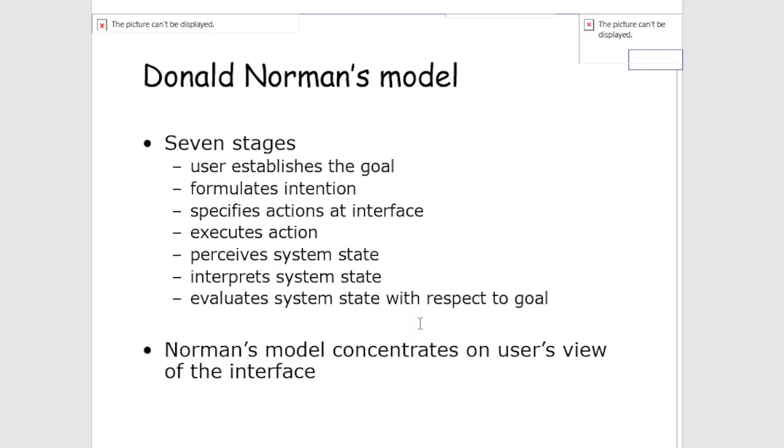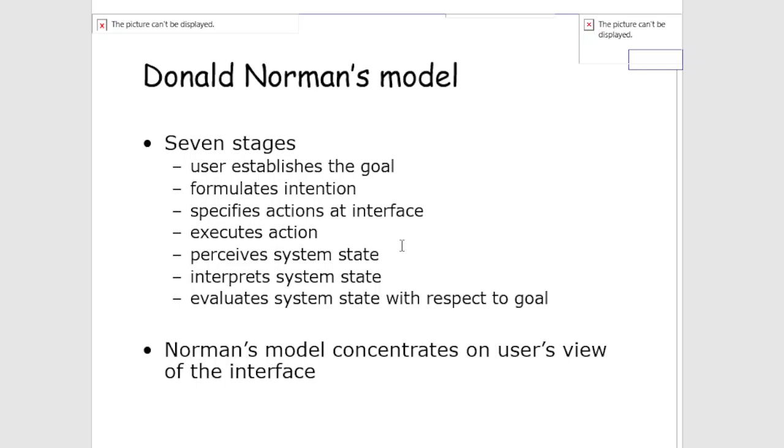And after the execution, the user observes the computer interface to evaluate the result of the executed plan and to determine further actions. So Donald Norman's model can be divided into two major phases, execution and evaluation. And within execution and evaluation we also have subdivision into stages, and these are the seven stages.